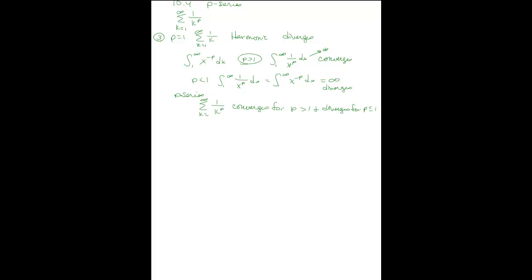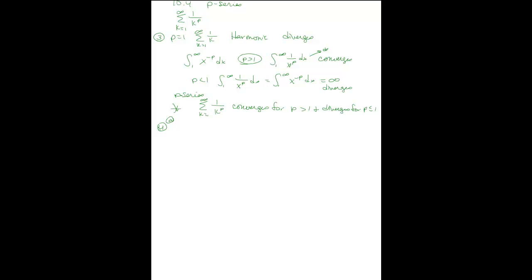This is a good theorem because it tells you when it converges and when it diverges, in contrast to the divergence theorem, which only gives you information about the divergence. So example 4 now, 3 was actually proving the theorem.